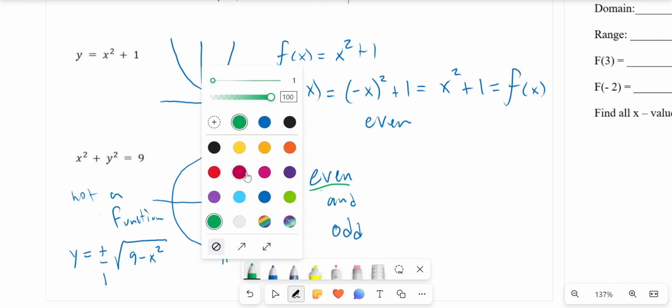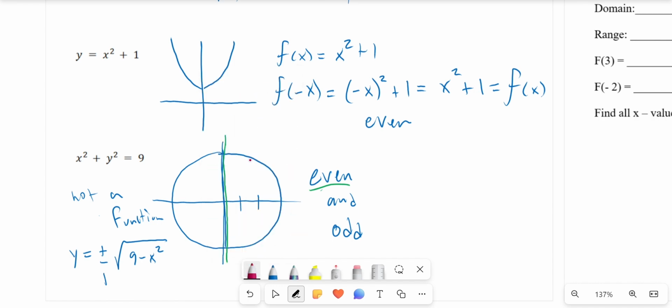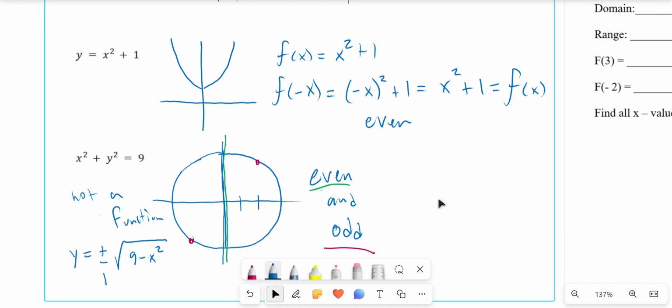If you plug in negative x, you get two values. You get the y value of reflective symmetry, but you also get its negative, which is 180 degree symmetry. So yes, it's in fact 180 degree. It's a circle. It's perfectly symmetrical. So we wind up with even and odd symmetry in this case, even though it does not qualify as a function. We still have this highly symmetrical object.